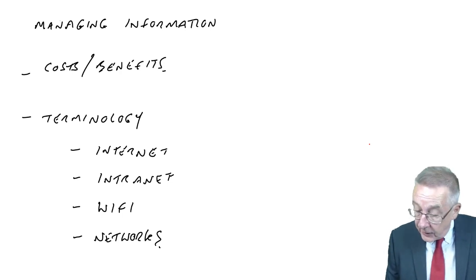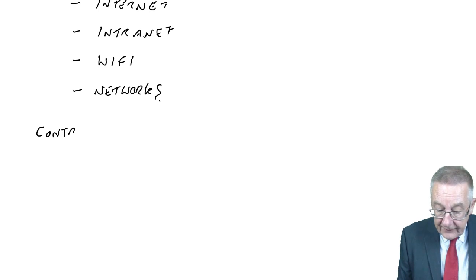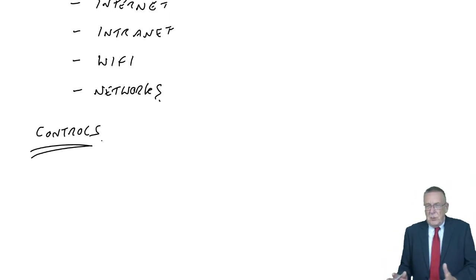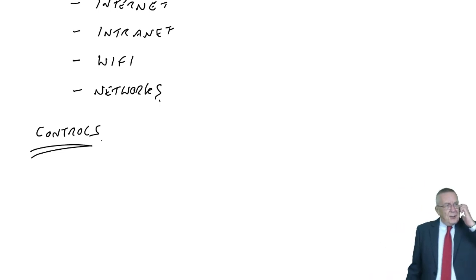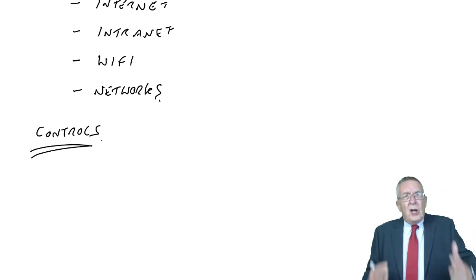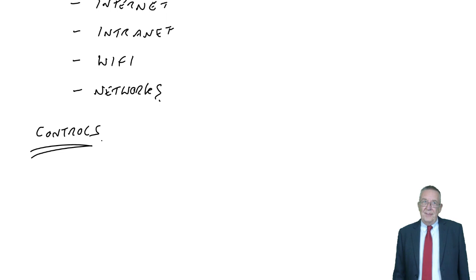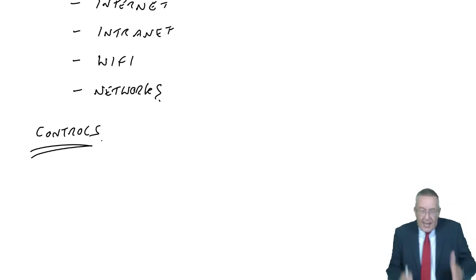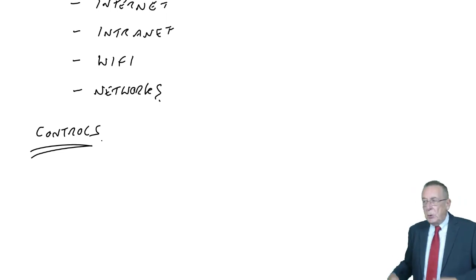The next bit, though, is with regard to controls. And what we mean here is actually two completely separate issues. One is this: you've got employees entering data into the computers. Every time we sell goods, somebody's typing in who we sold it to, what we've sold, what the price is, and so on.